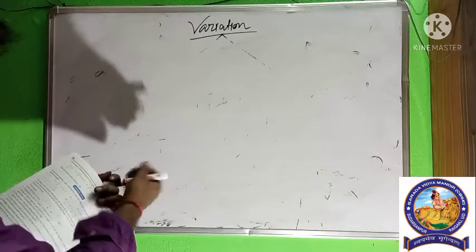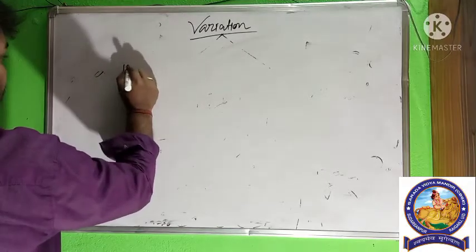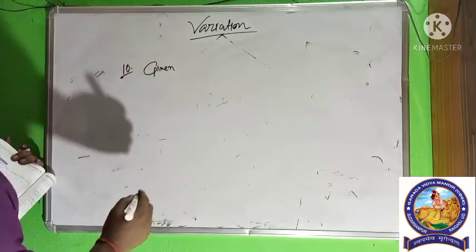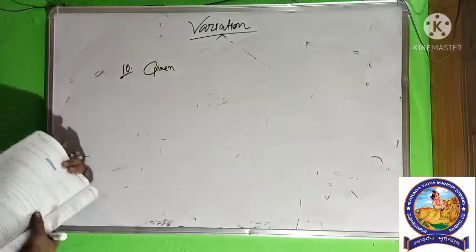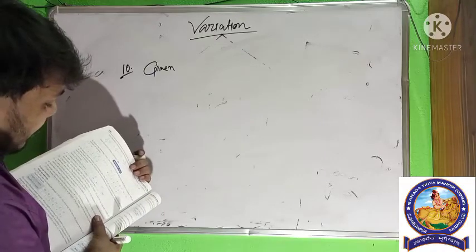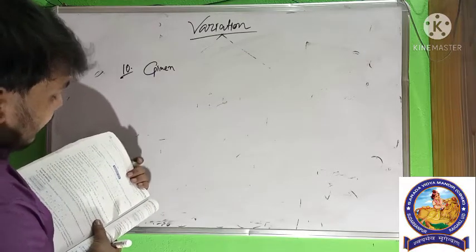Number 10, very easy. Given d varies directly as t, and if d equals 4 when t equals 9, find d when t equals 21.